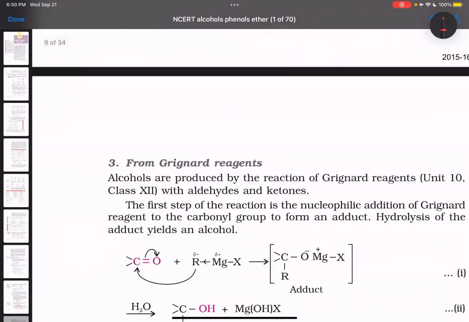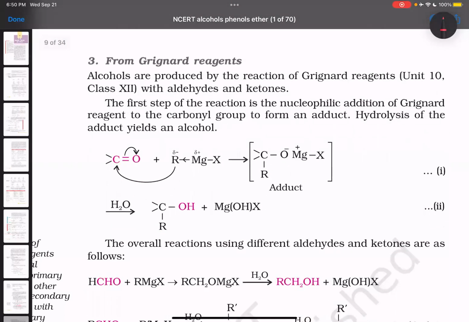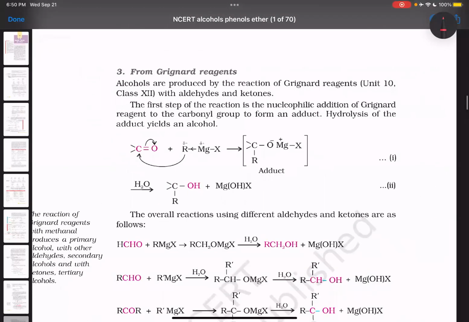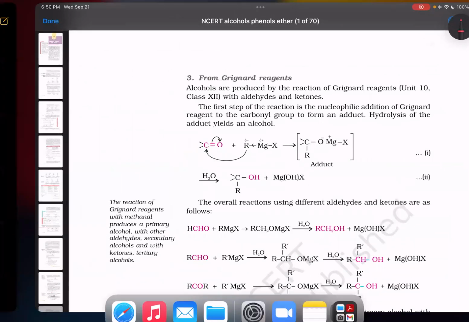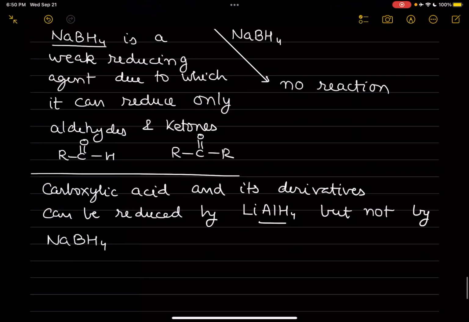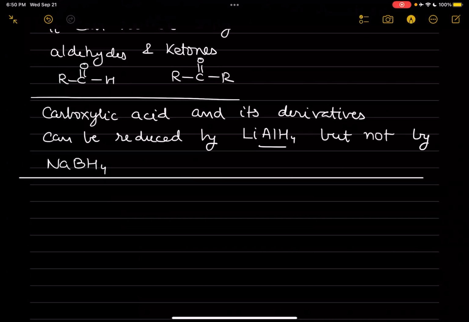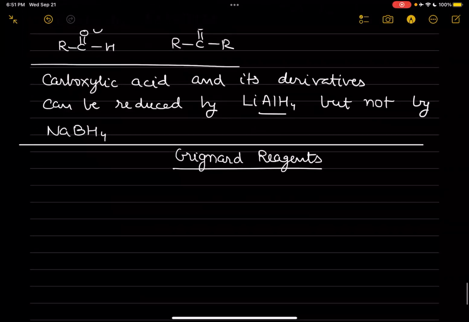The other thing is preparation of alcohols by Grignard reagent. So what are Grignard reagents? Tell me. Suppose you have alkyl halide CH3Br.